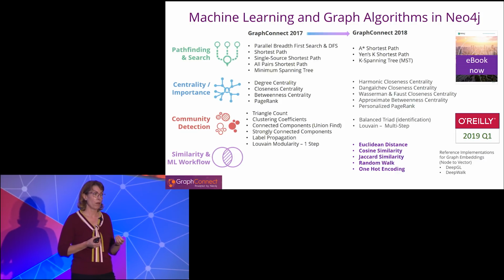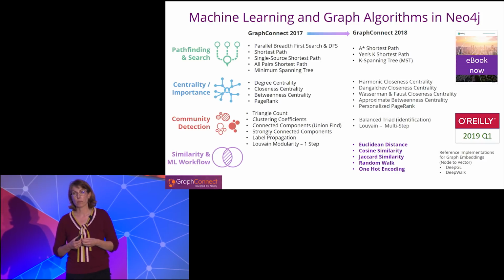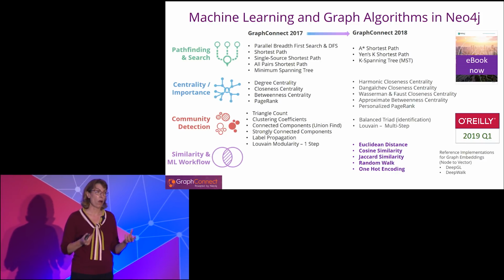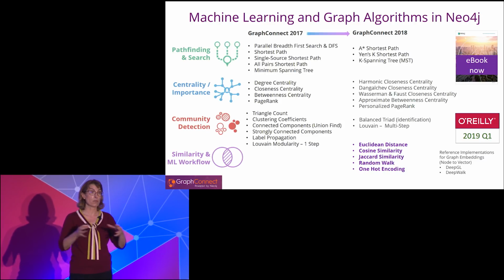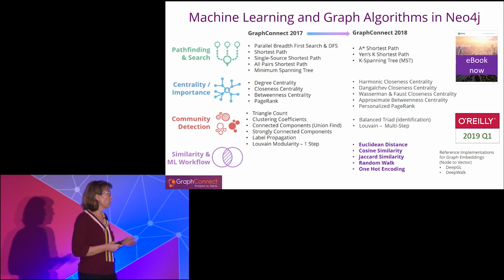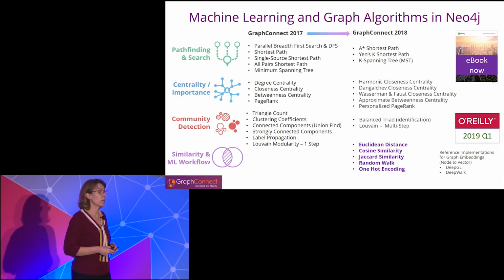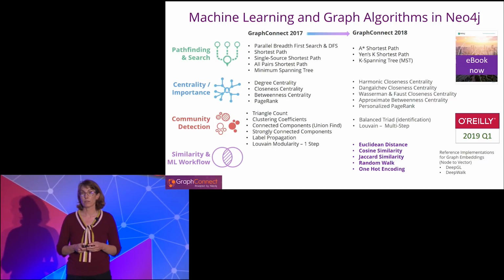It could be a bridge, it might be something with the most influence, and then community detection as well, often used in AI and machine learning, to try to think how do things clump together and how alike or dissimilar they are. We've added quite a few similarity algorithms as well. We've got an ebook available online with those, and then early next year we'll be coming out with a graph algorithms book with O'Reilly as well.